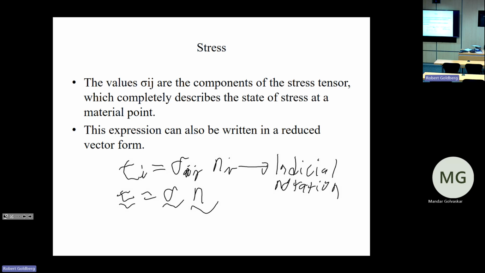And the idea of indicial notation is that repeated indices imply summation. So if we have T sub i is equal to sigma ij n j, if it's non-repeated, i can be any value from 1 to 3. So we'll start off with T sub 1.